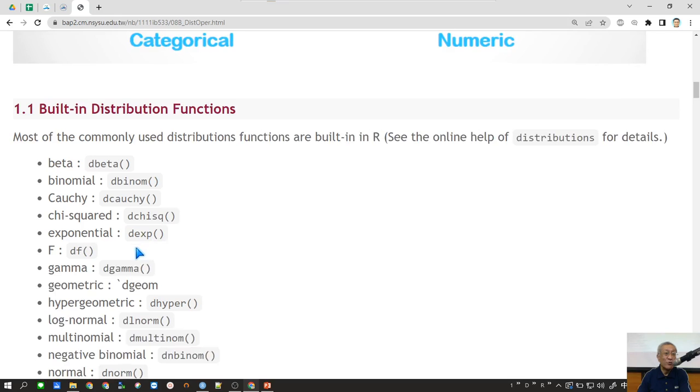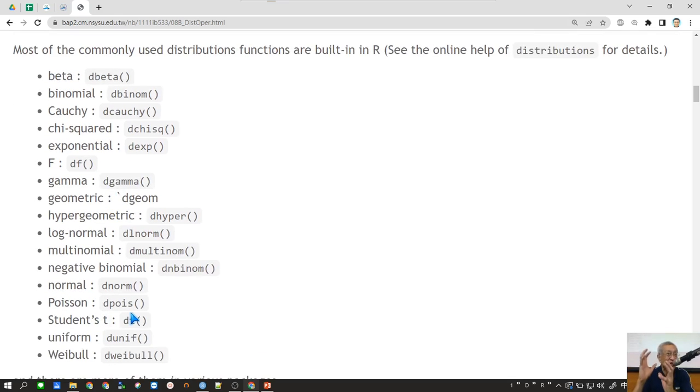So for every one of these theoretical mathematical distributions, there is a name, like binomial, and there are arguments. For binomial, they are the number of trials and the probability of success. For the normal distribution, you have the average and the standard deviation.